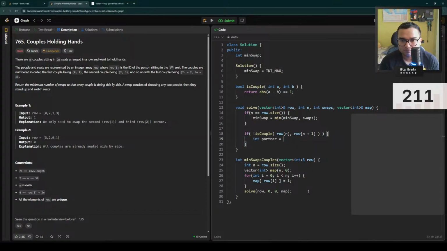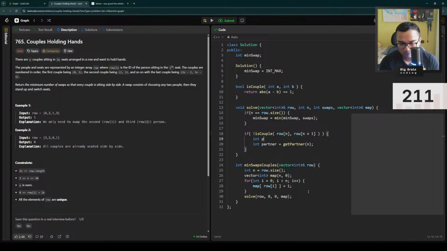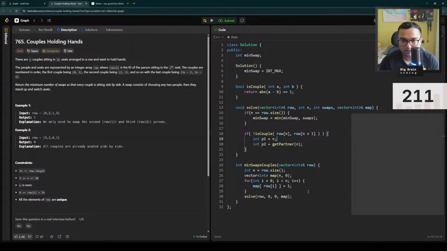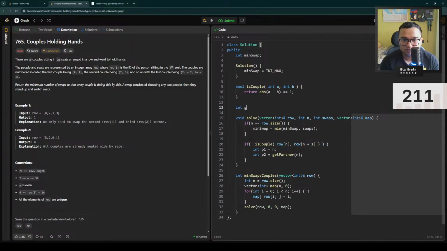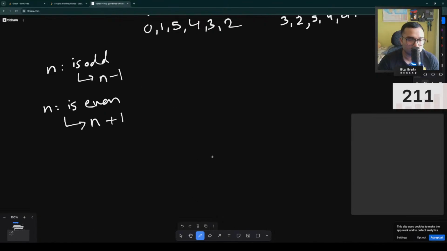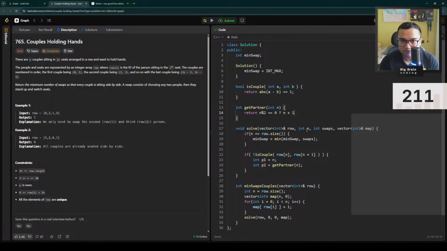Partner. So int p1 equals n, so its partner p2 is get partner of n. Int get partner n, return n mod 2 is equal to 0, which means it is even. When it is even, the partner is n plus 1. If it is odd, then partner is n minus 1. Easy.